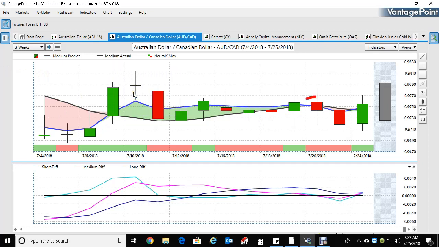Yes, but then it crossed down here and it crossed going down, and then the shading changed. Yes, so wherever it crosses, depending on the direction, you want to see the neural index confirming that direction. So if it's going up, it's going to be green. If it's going down, it's going to be red, as we see here.